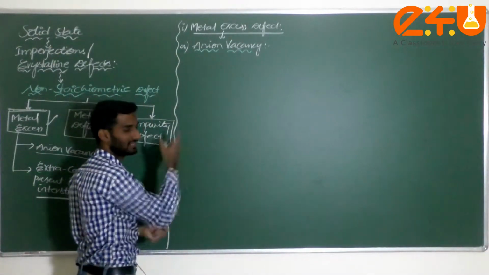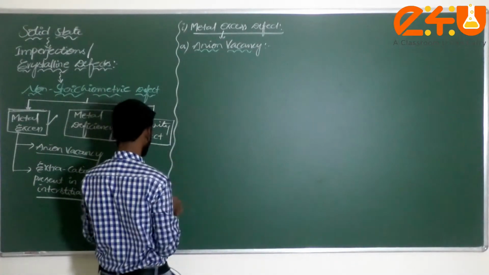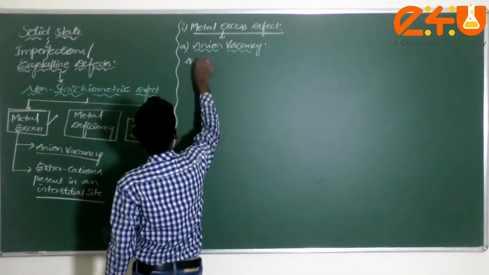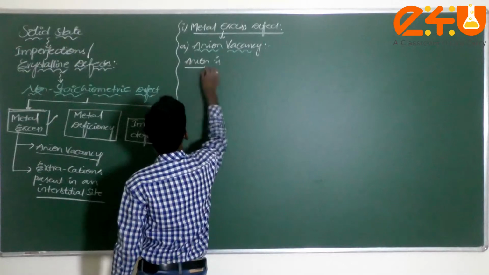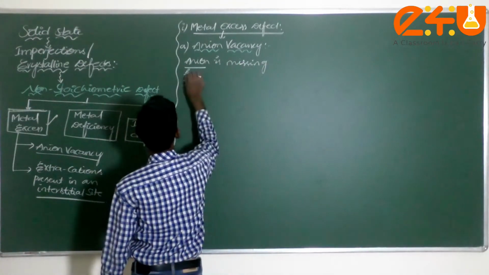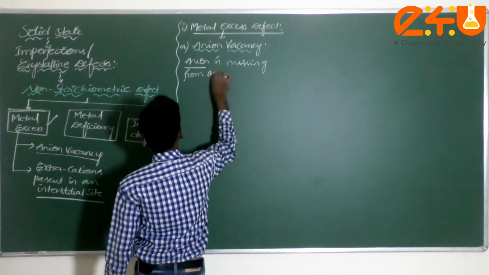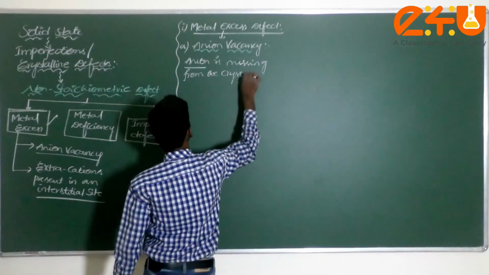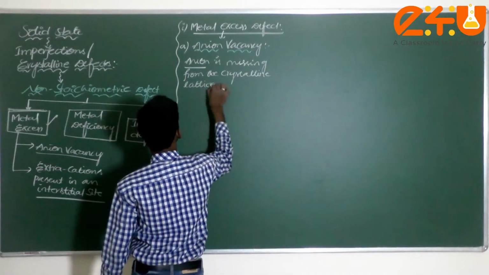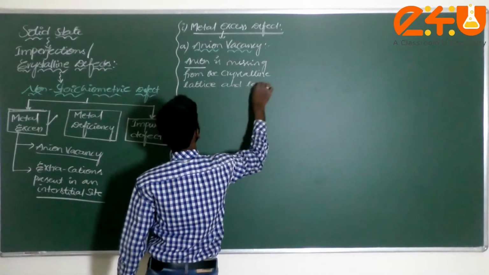Now what is an F center? We can discuss everything here. In anion vacancy, the anion is missing from the crystalline lattice and leaves a hole.